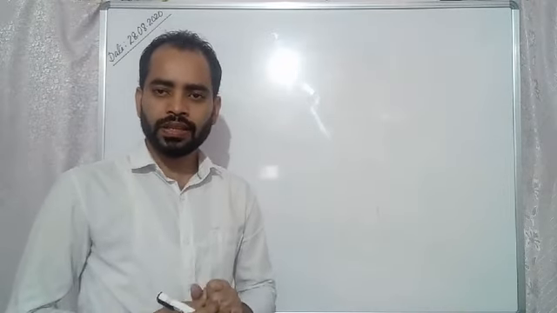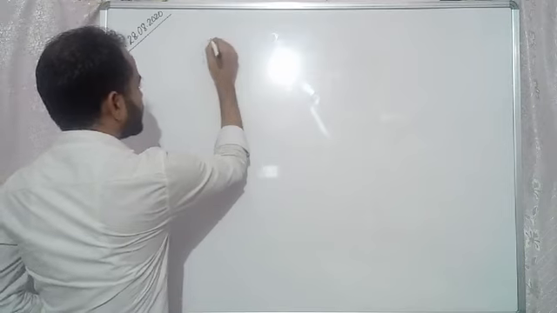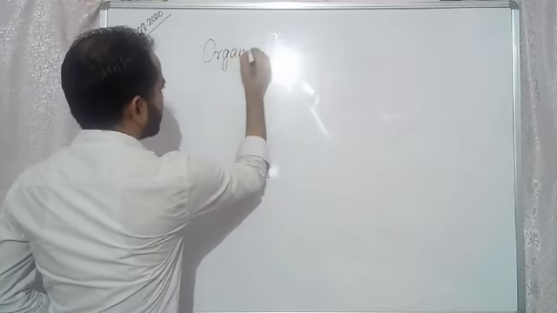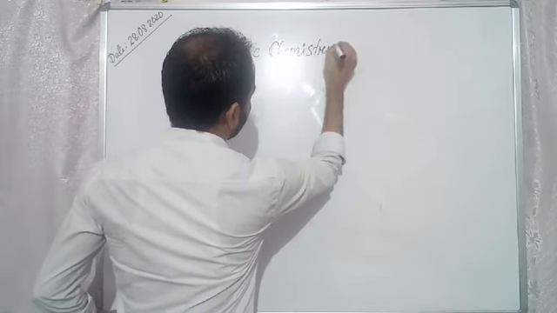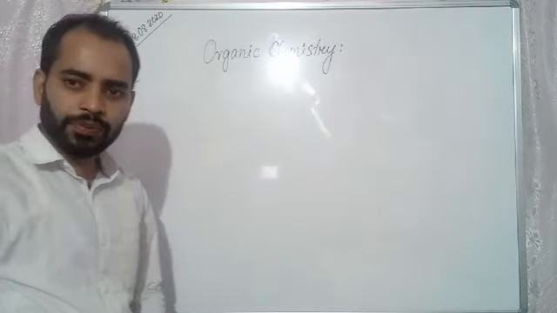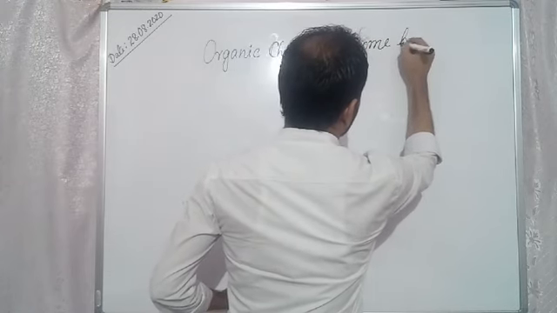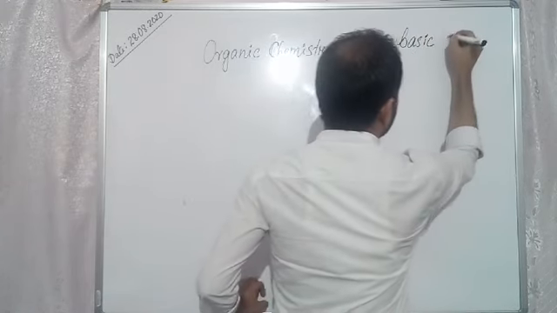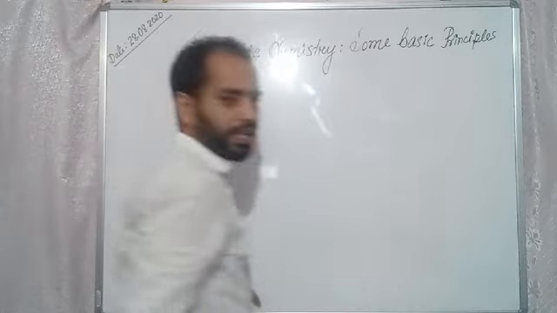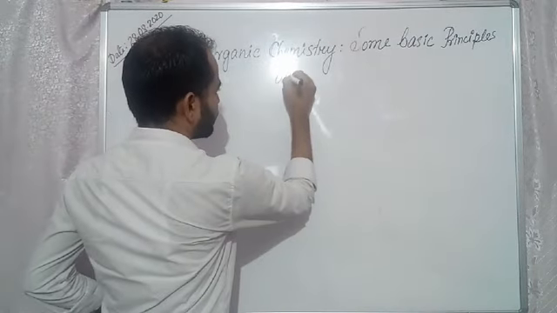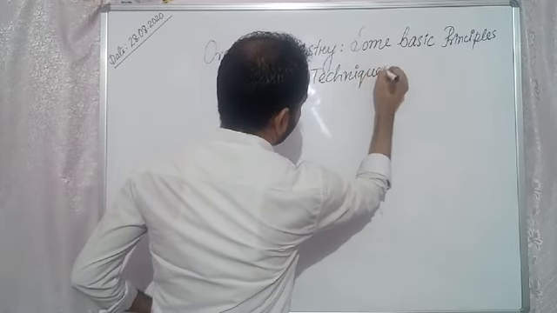So, the unit 12, the name of the unit is Organic Chemistry: Some Basic Principles and Techniques.